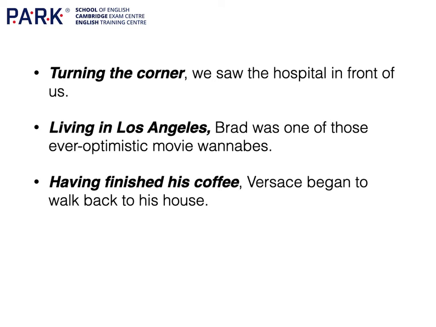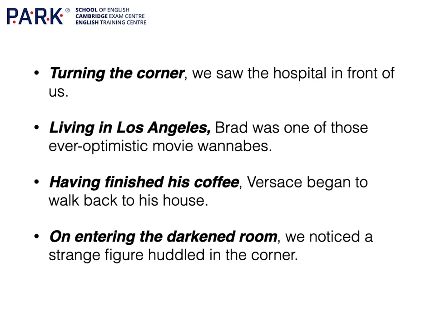Another one, instead of saying, when he had finished his coffee, Versace began to walk back to his house, you say, having finished his coffee, Versace began to walk back to his house. Okay, and another one that shows that you can also use it after a preposition. On entering the darkened room, we noticed a strange figure huddled in the corner.